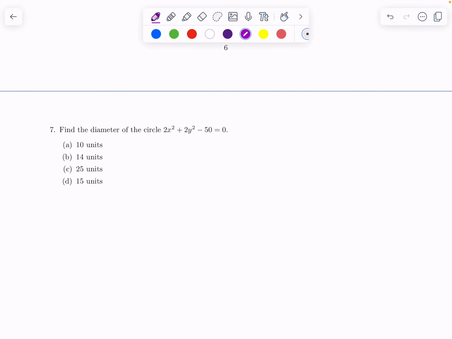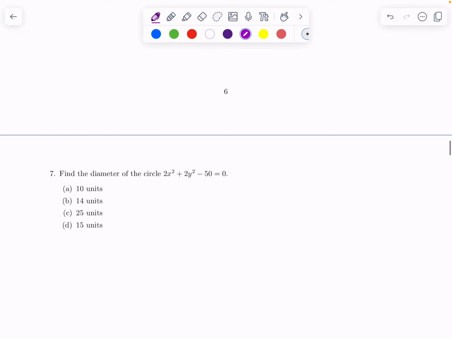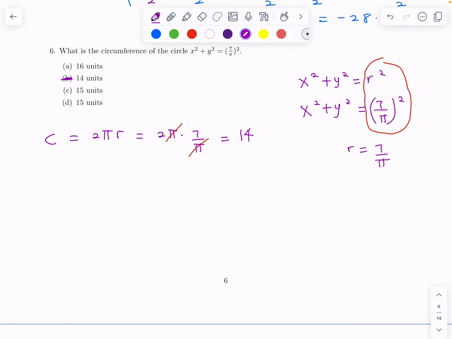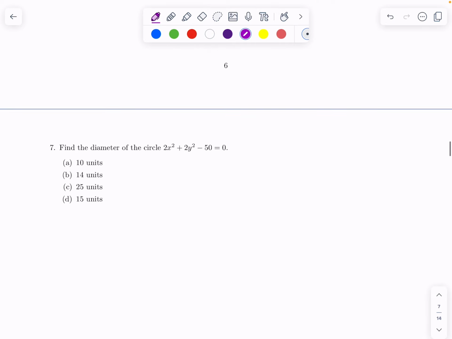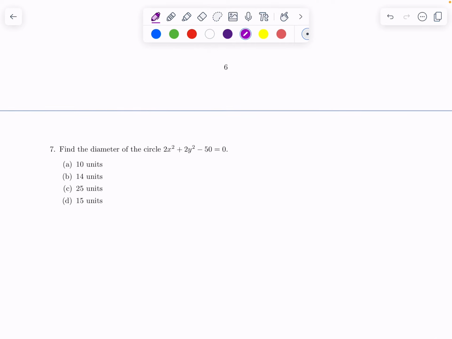So this one is a similar concept to the previous problem. In this case, I have this equation, right? What I want to do here is rewrite it to look like x squared plus y squared equals r squared, the equation of a circle, right? So what I can do here is divide through by 2, since 2 is a common factor.